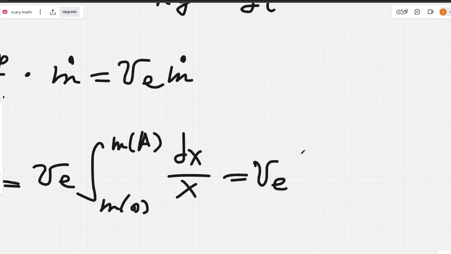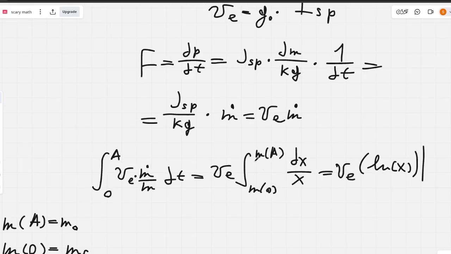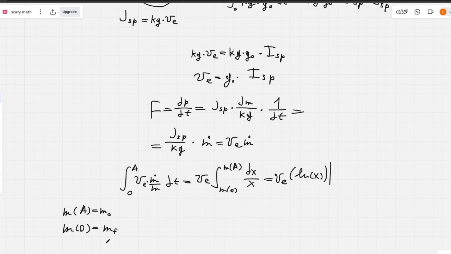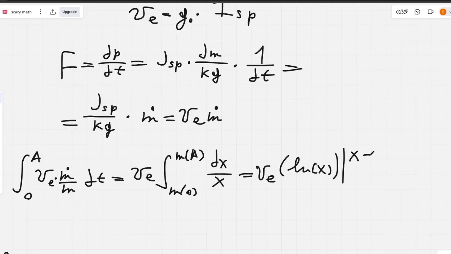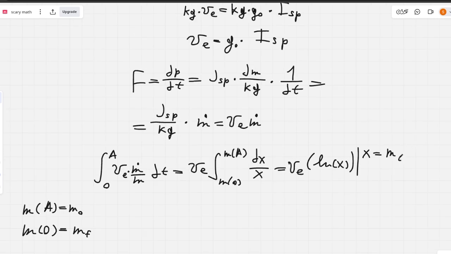And what we get is v times the logarithm of x, and when we factor in ma and m0, what we're going to get is m0 and mf.